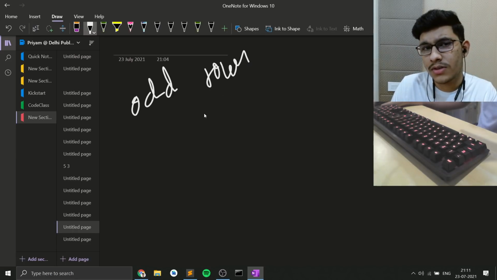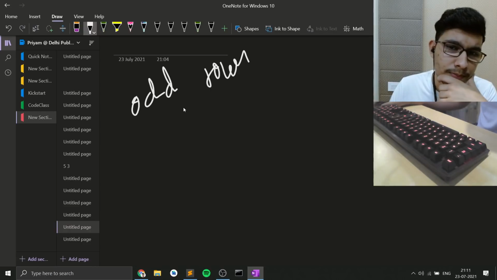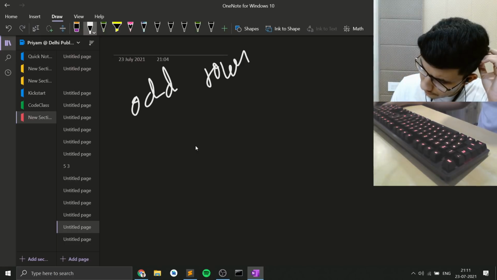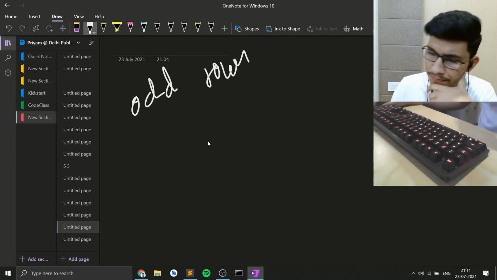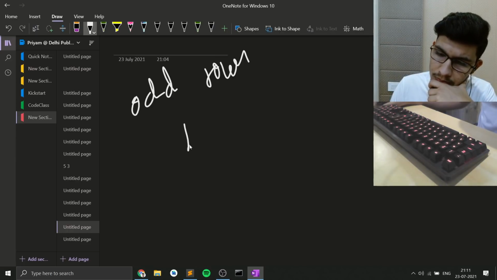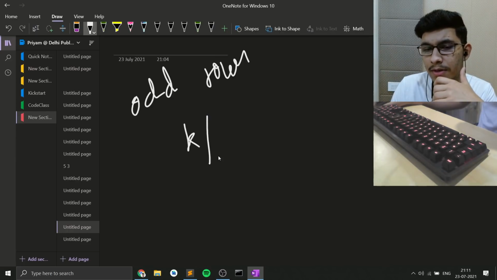Yeah, if there are odd rows, then there are even columns for sure. So I just have to see if k is divisible by 2 or not.